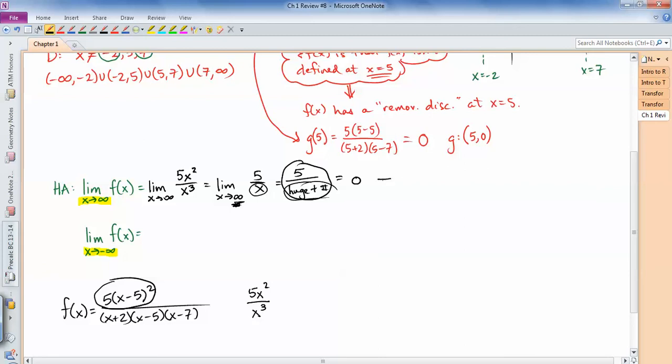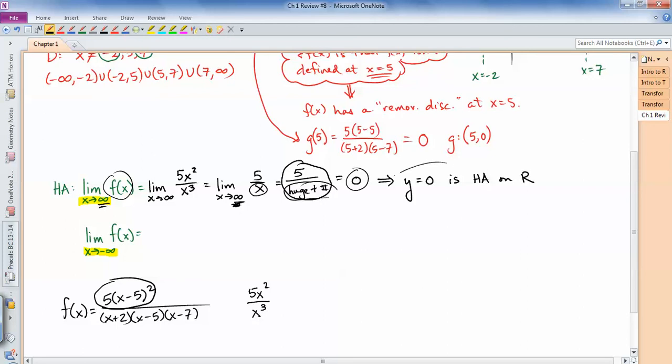So this whole limit statement, linked by equal signs, says that when x goes to infinity, f of x turns into 0. That means that the line y equals 0 is a horizontal asymptote on the right side, since I'm looking at when it goes to infinity.